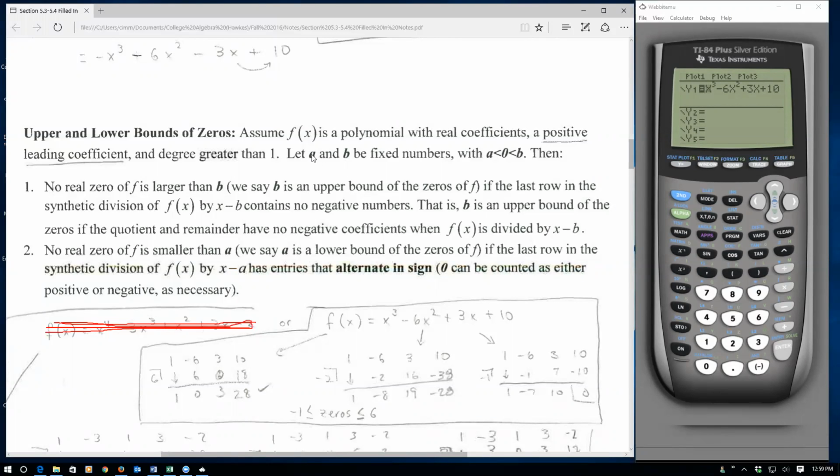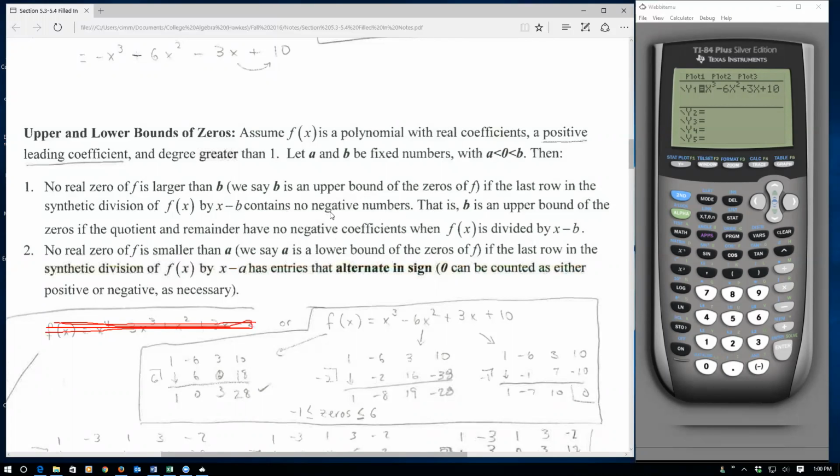So a is going to be a negative number, b is going to be a positive number, and we're going to use integers for our software. So we're just going to be looking at between two integers here. What it says is no real zero of f is larger than b, so b is an upper bound on the real zeros if, when we divide by synthetic division by that possible zero, we get no negative numbers in the result.